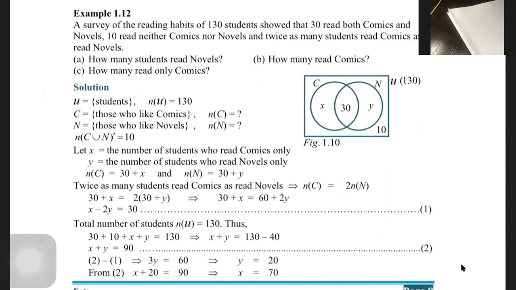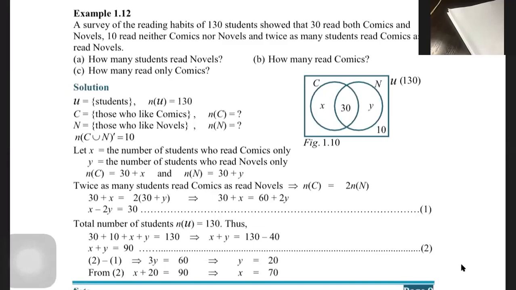Now, 10 read neither comics nor novels. So that is the 10 down there, but it is still inside the universal set. And twice as many students read comics as read novels. So it means that comics is equal to 2 times novel.